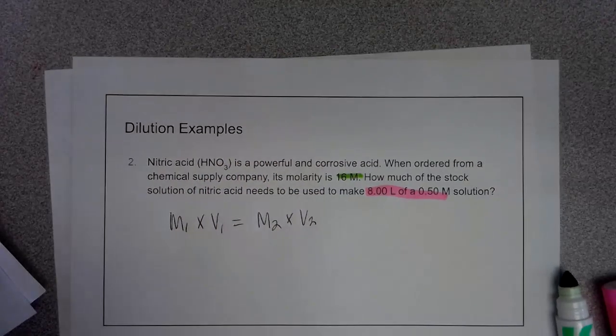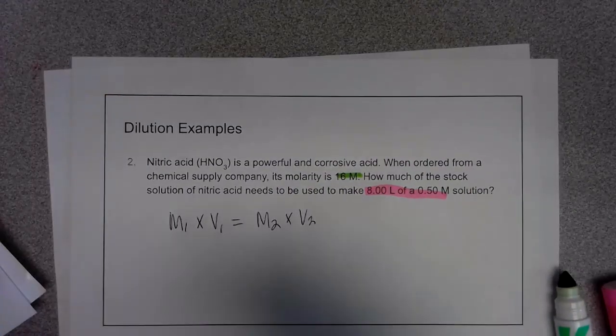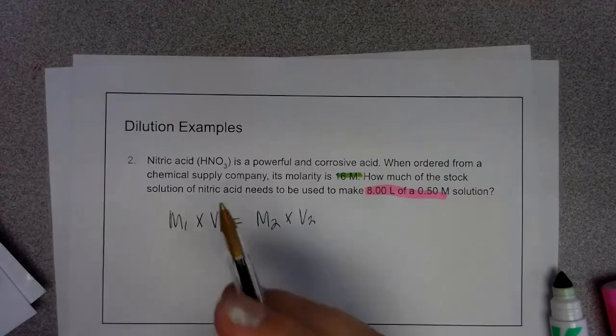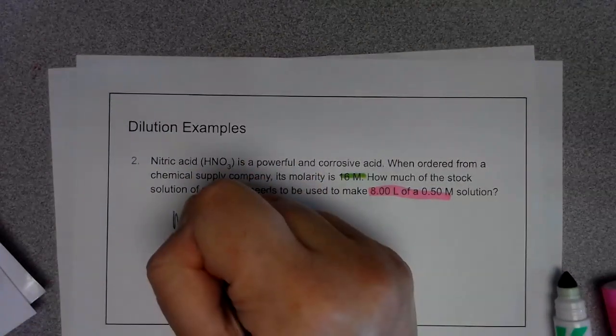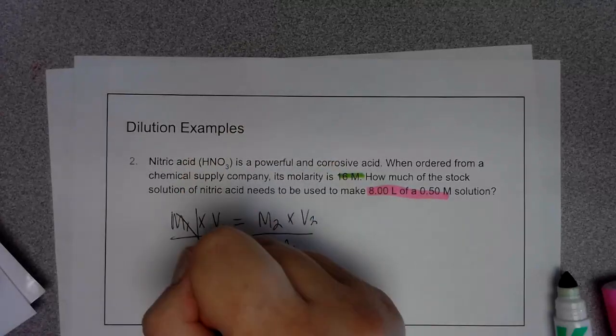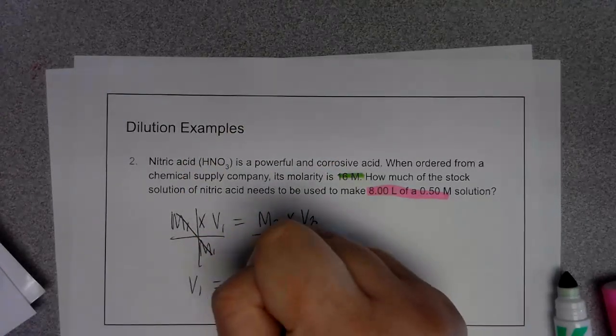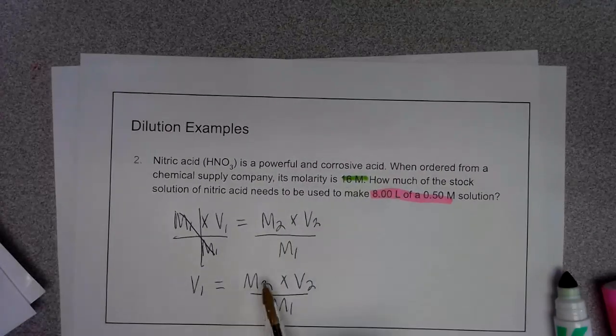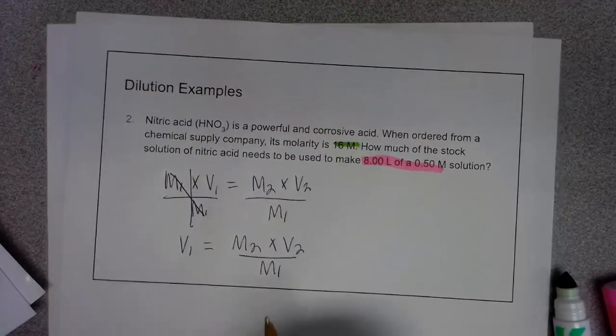We are solving for how much stock solution, so we're solving for volume. So volume is going to equal M2 times V2 over M1.